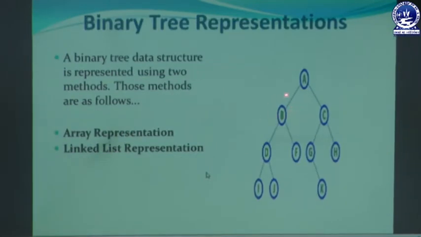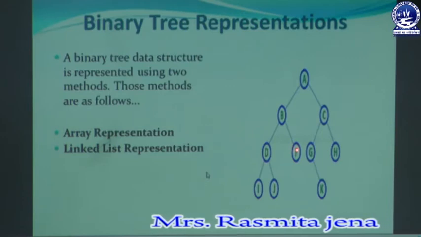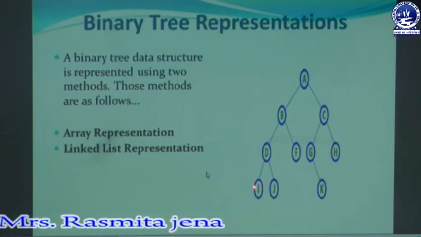In the 1D array, in the 0th location, first the root node will be present, and next the left node of the root node will be represented, then the corresponding right node will be represented. Similarly, next the left subtree of B will be represented at the third index, then F will be represented at the fourth index, and so on we will proceed.